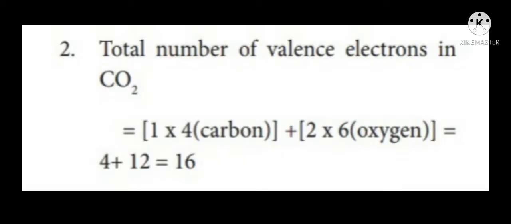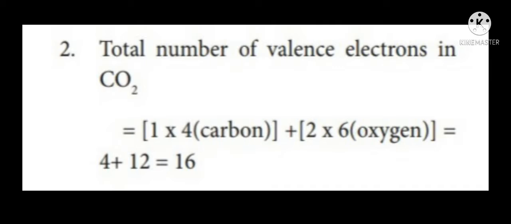Next, we have to calculate the total number of valence electrons in carbon dioxide. Here, we have 1 carbon and 2 oxygen. Therefore, it is given by 1 into 4 plus 2 into 6. Here, in 1 into 4, the 1 is the number of carbon, where 4 is the number of valence electrons of carbon.